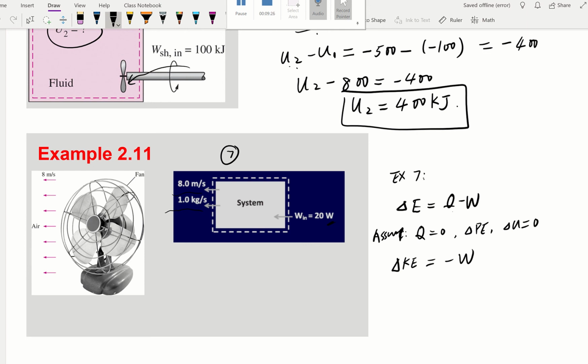Okay, so we're making an assumption for this. We give them the most benefit of the doubt. Consider all of this work done to the system is completely used to increase the fan speed. There's no friction, nothing. We give them the maximum speed they could get. However, this work here is not in energy form, it's in watt.